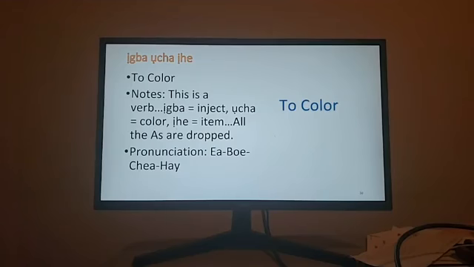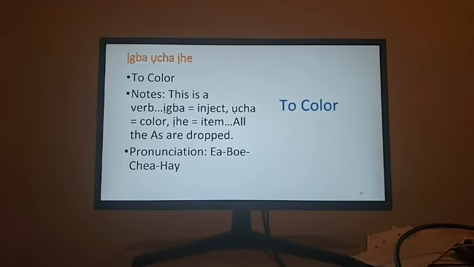All right, to color is going to be a little more complex to pronounce, because you have 3 words, but you don't pronounce all of the letters. If you're going to say it really properly, you would say Ea-Boe-Chea-Hay, and people would understand exactly what you're saying, but the common person wouldn't pronounce all of these letters.